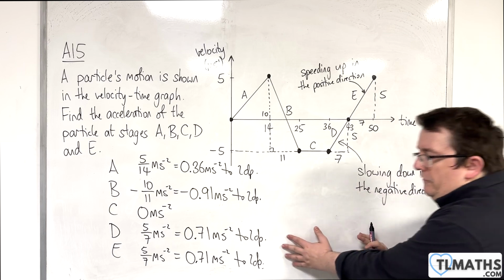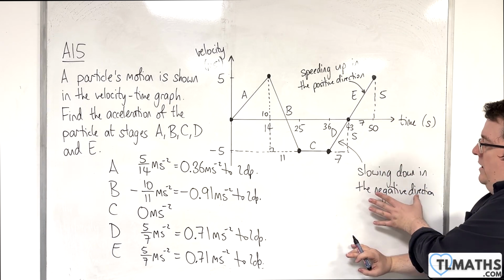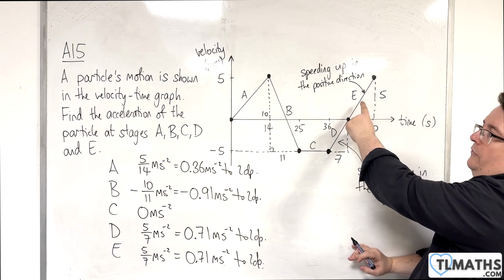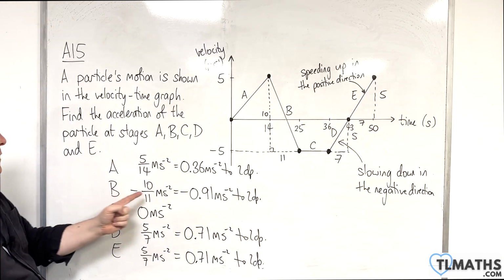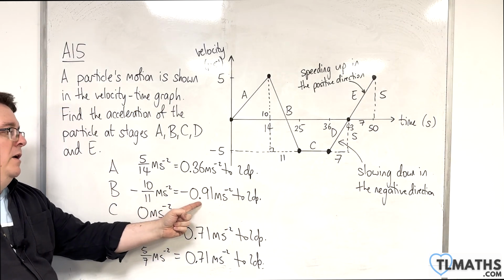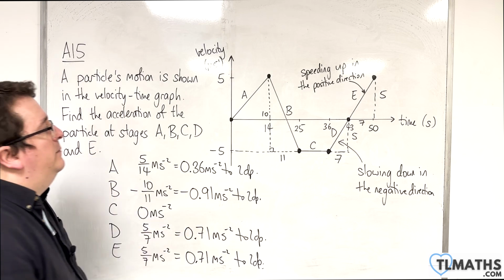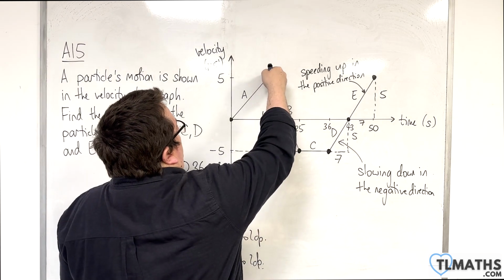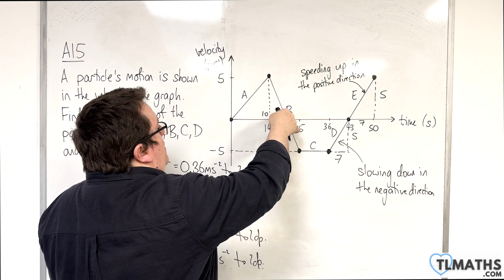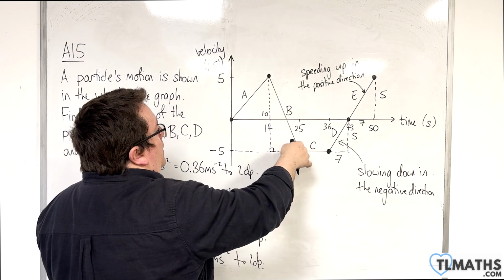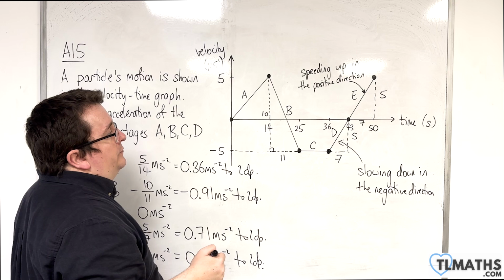So a positive acceleration can mean either this or this. Likewise, for section B, we found that the acceleration was minus 0.91 meters per second. Well, that meant that we were slowing down in the positive direction and then speeding up in the negative direction.